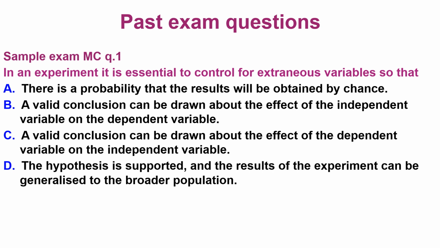Well, look, we're not going to support all our hypotheses just because we've controlled for EVs, because we might get results that are the opposite to what we expected and predicted in our hypothesis. So in that case, we'll reject our hypothesis. So again, just be careful on the play on words there.